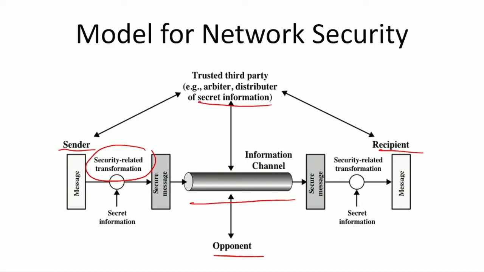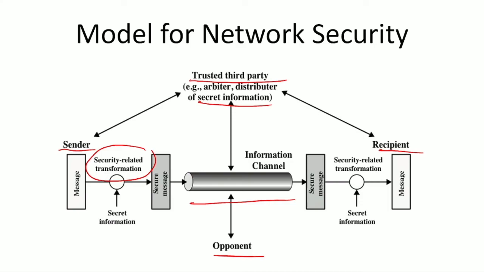A trusted third party may be needed to achieve such secure transmission. For example, the third party may be responsible for distributing the secret information to the two principals, or a third party may be needed to arbitrate disputes between the two principals regarding the authenticity of message transmission.